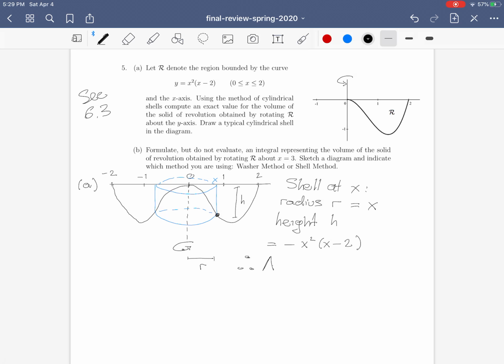So therefore the area of our cylindrical shell is 2 pi times the radius times the height, which is 2 pi times x times x squared times 2 minus x. I'm going to write this as 2 pi times 2x cubed minus x to the 4.